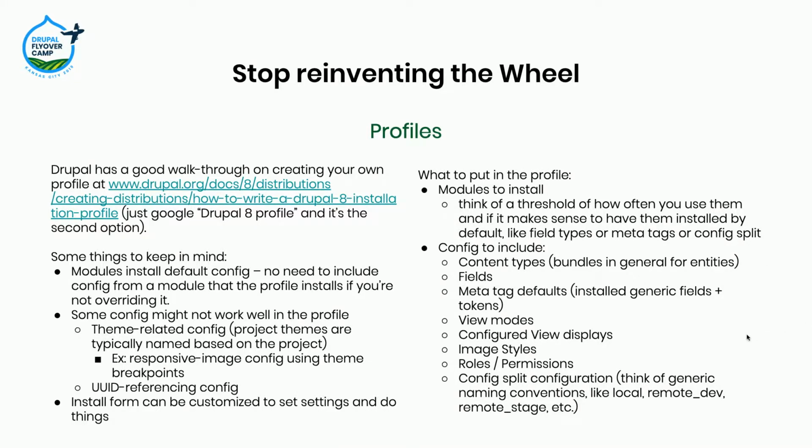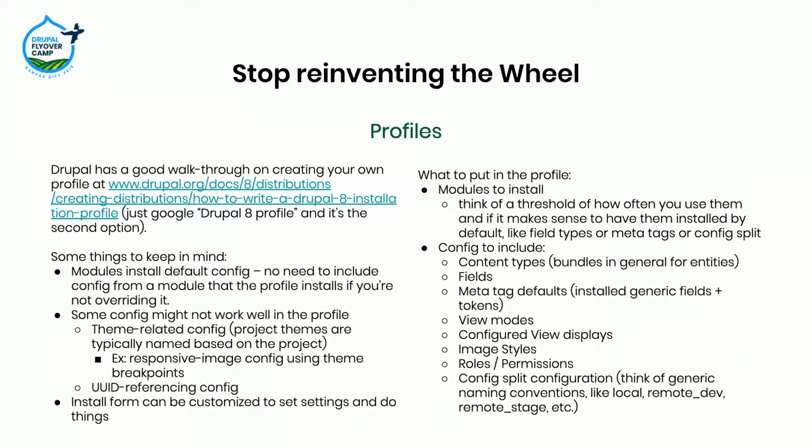One thing that I love for this is the roles and permissions, especially when you have content types set up, and config split configuration. Config split sucks to set up. I continually think, okay, well, I think I have it, and then I still hate myself and beat my head on a table.